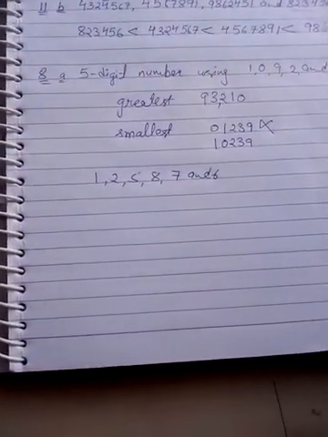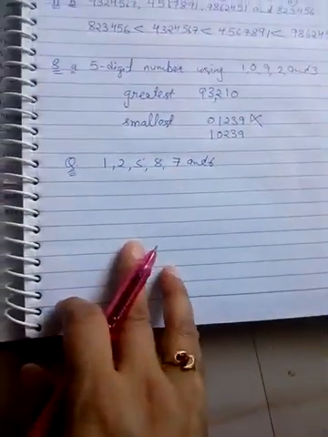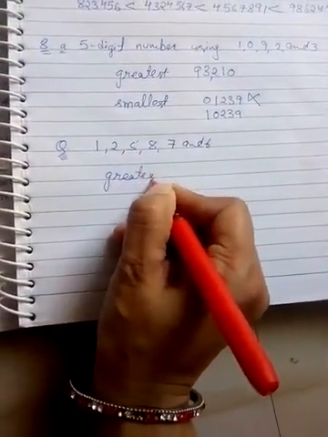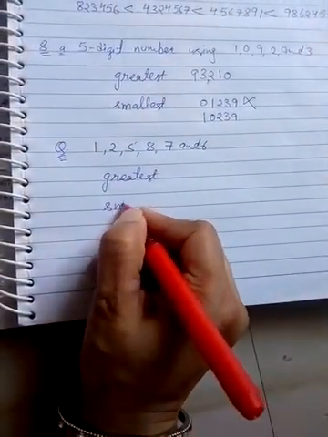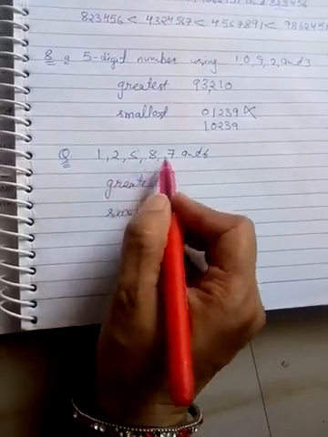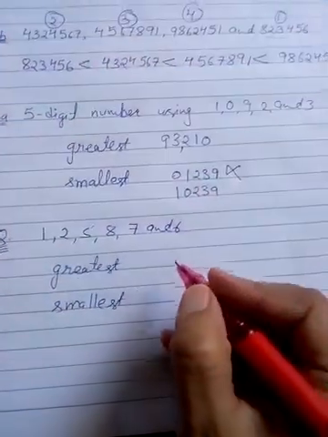Okay, but if 0 is not given to you, I'll take another question that I have taken from your book only. We have to form the greatest and the smallest number using these digits only once: 8, 7, 6, 5, 2, 1. There are 6 digits given to you, so you have to form the greatest and the smallest number.